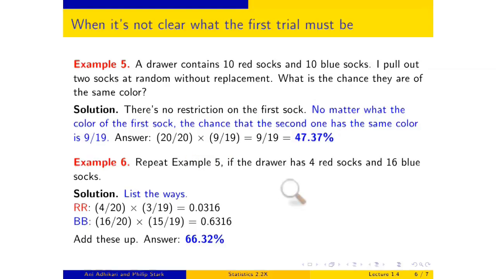We had to do a little more work, look in more detail, decompose the event, partition the event, the 2 socks of the same color, into its component pieces, find the chance of each component piece, add up. And of course what we've done is we've partitioned it so that the 2 pieces have no overlap, so that this clean addition gives you the right answer.